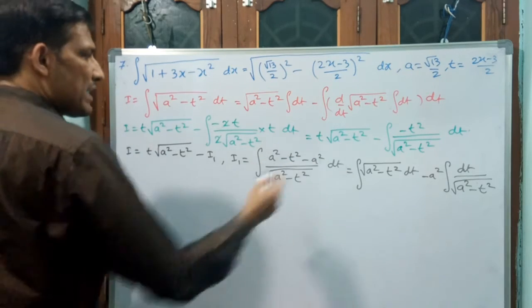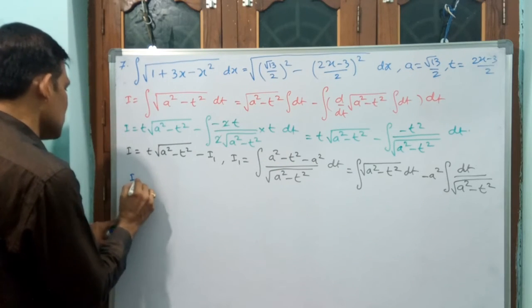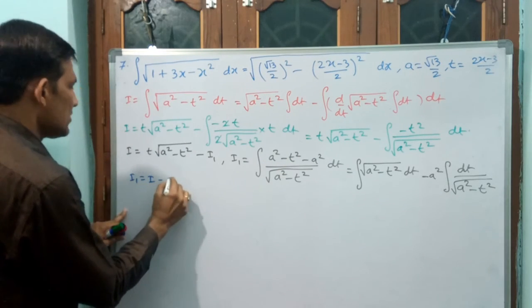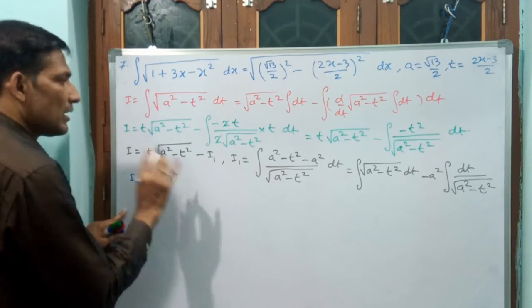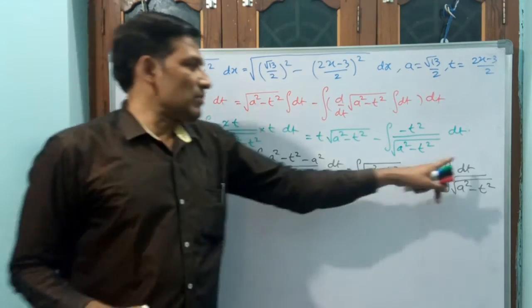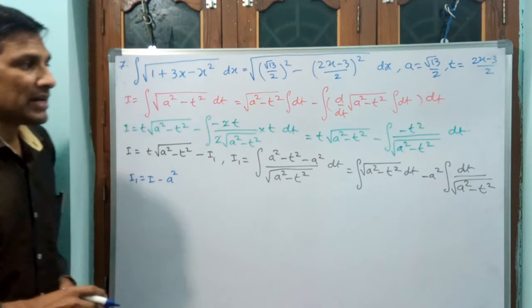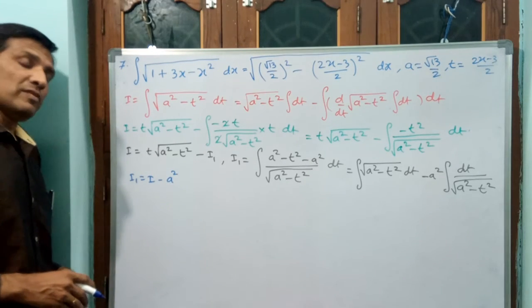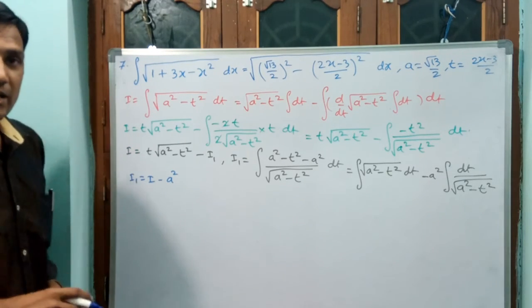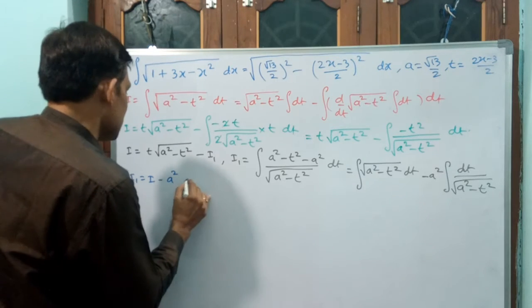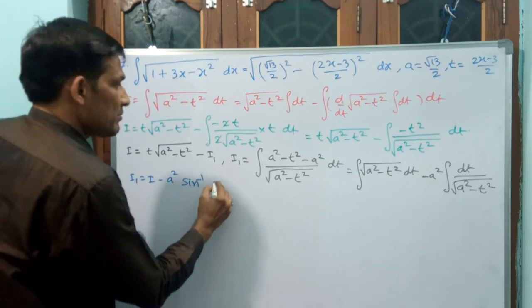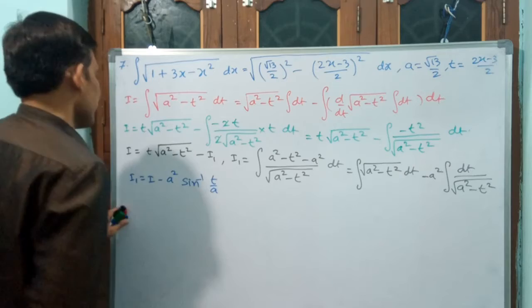I1 is equal to I minus, write down, I1 is equal to I minus a square, stop. What is this formula? 1 by square root of 1 minus x square. Why? Because a square minus t square means 1 minus x square. Sin inverse x by a. Write down: sin inverse x means here t by a.